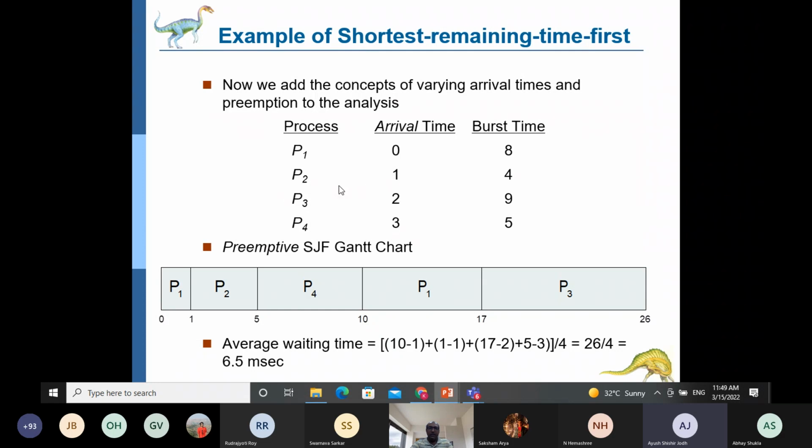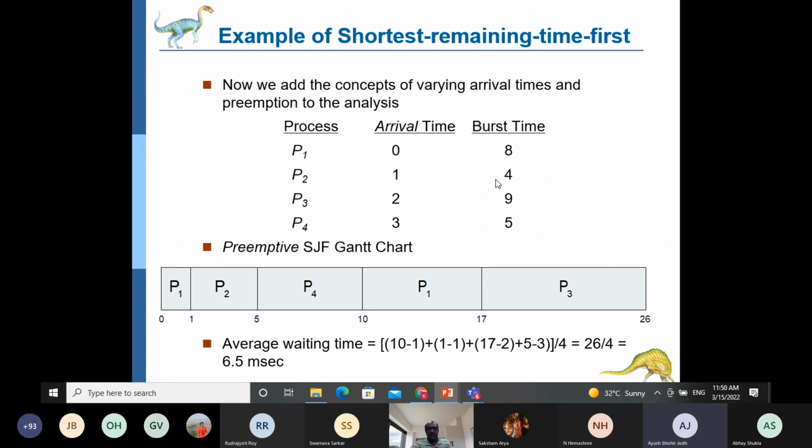At time 1, P2 has come, and the P2 burst time is 4, which is less than P1's remaining time. P1 has completed one time unit, so 7 time units remain in P1.